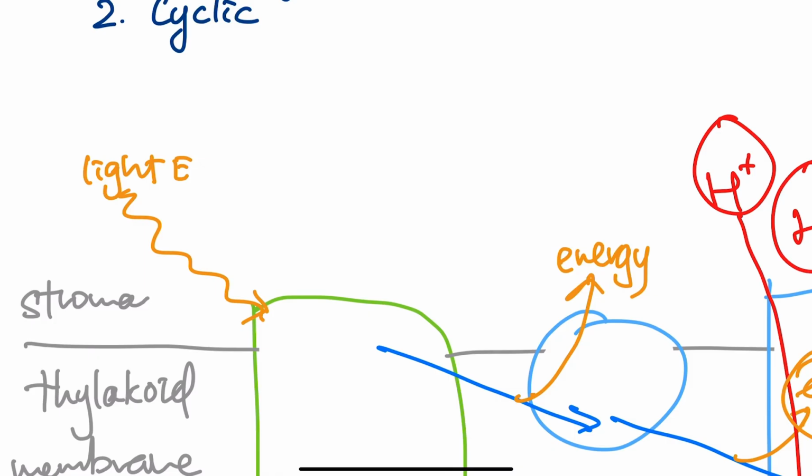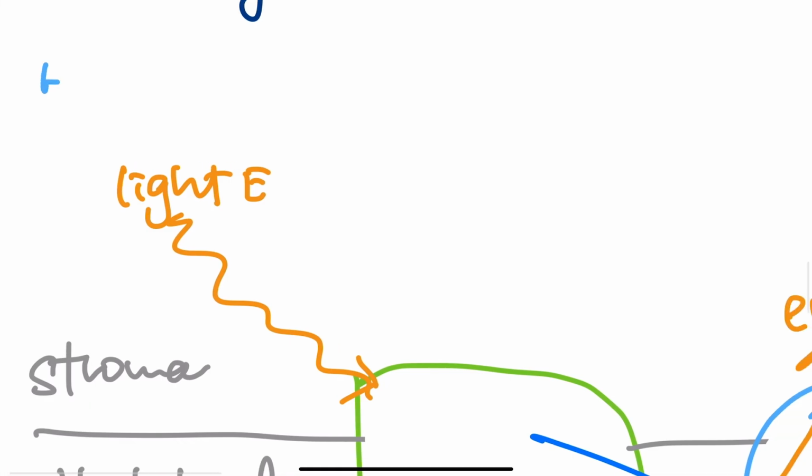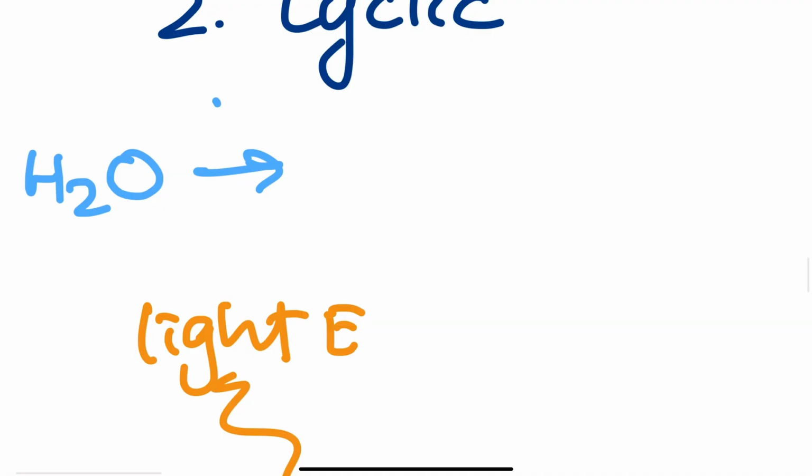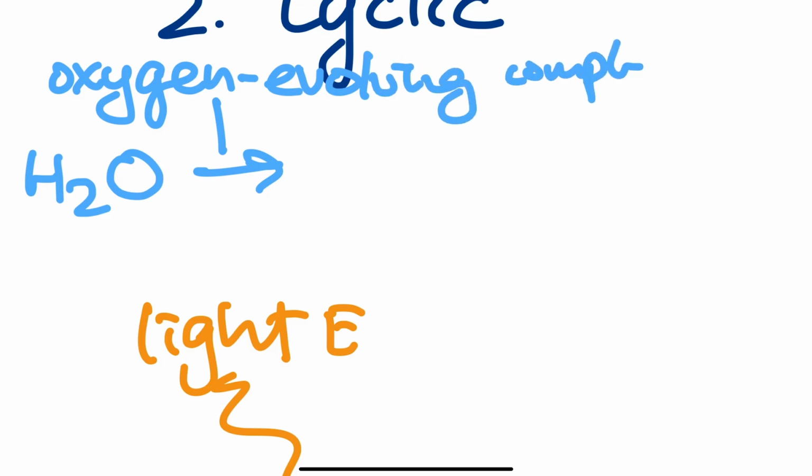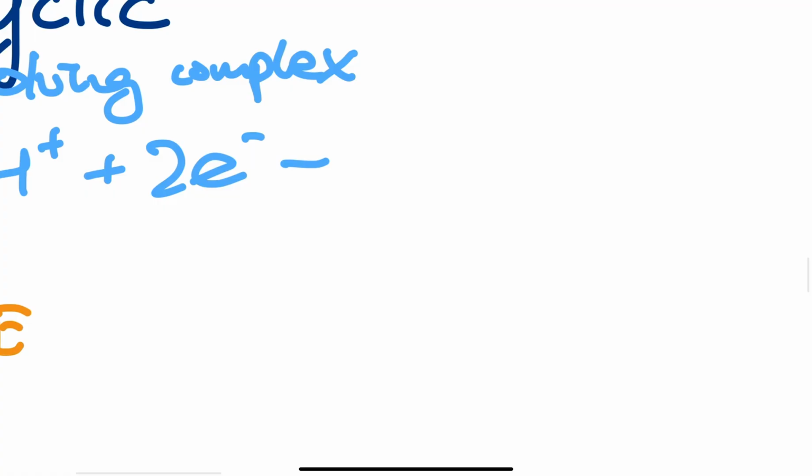H2O, using the enzyme called oxygen evolving complex, gets broken down to 2 hydrogen ions, 2 electrons, and half of an oxygen gas molecule.